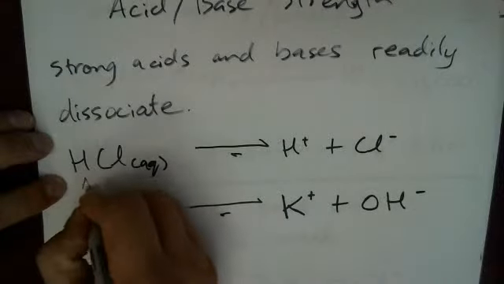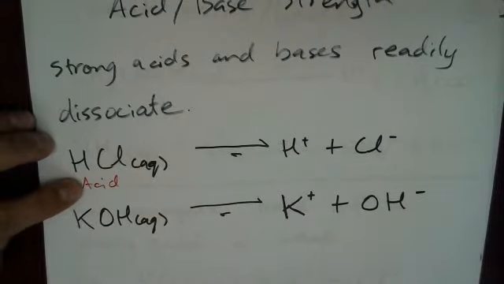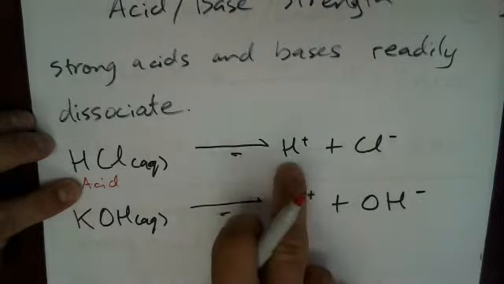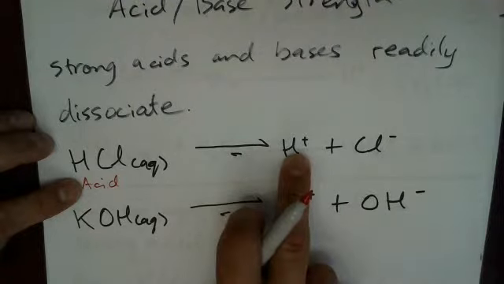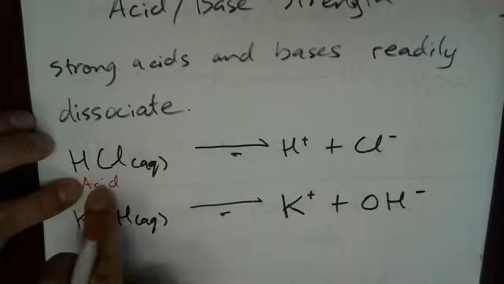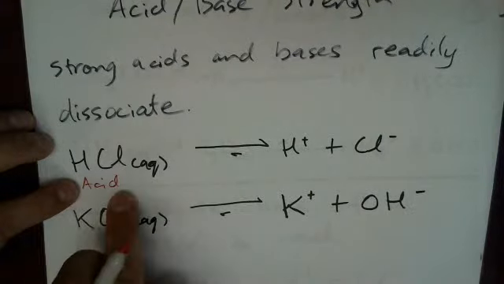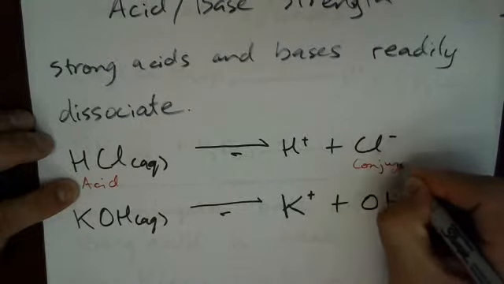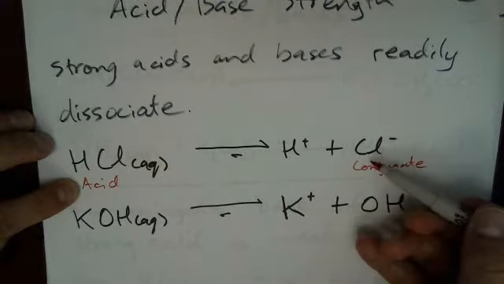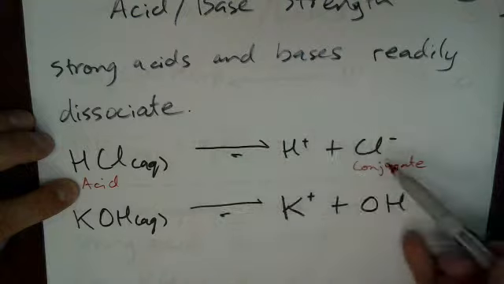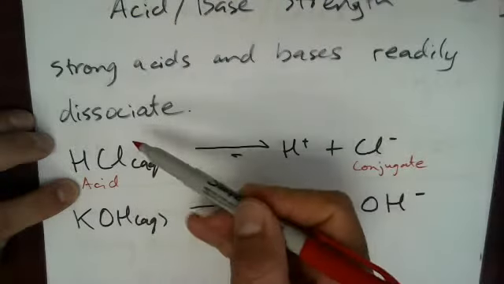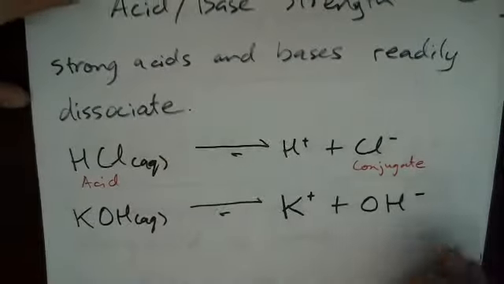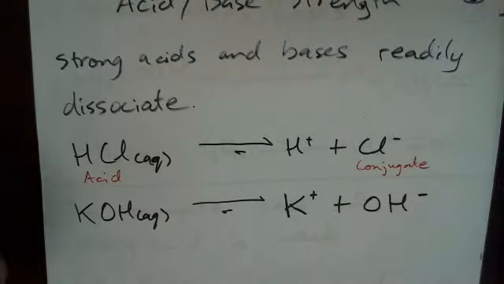This is the acid because it's going to donate the proton. This is not the acid. This is the proton itself. This isn't a proton donor, it's a proton. Okay? This has only come about because of the proton donor, the acid here. And this is the conjugate base, because when we go back over the arrow, it's going to be the proton acceptor. Okay? So this is just the proton.